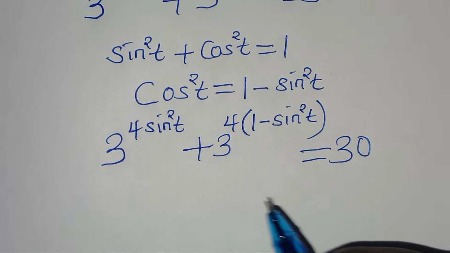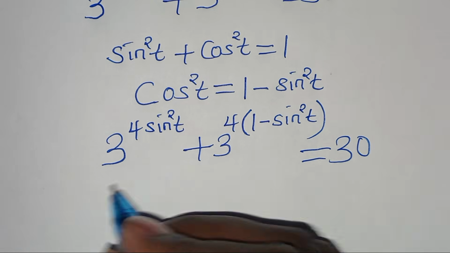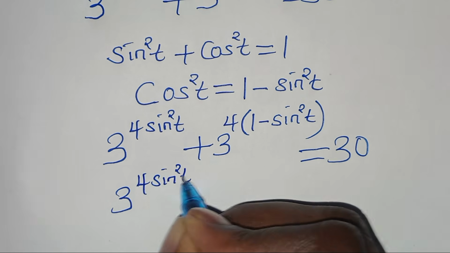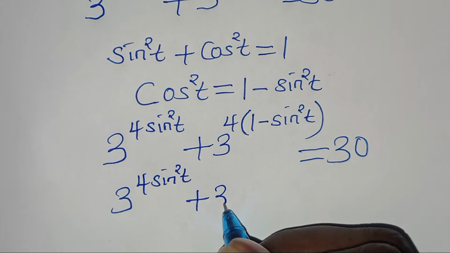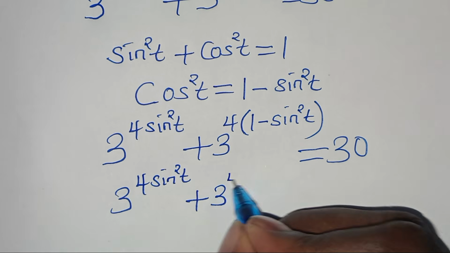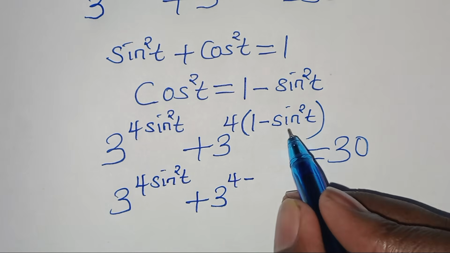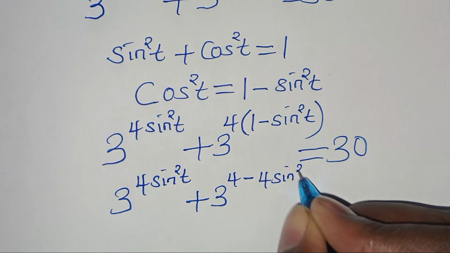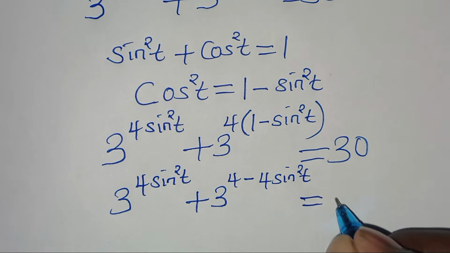The next step is to open the parentheses, so that we have 3 to the power of 4 sine squared t plus 3 to the power of 4 times 1, this is 4, subtract 4 times sine squared t, this is 4 sine squared t, equal to 30.